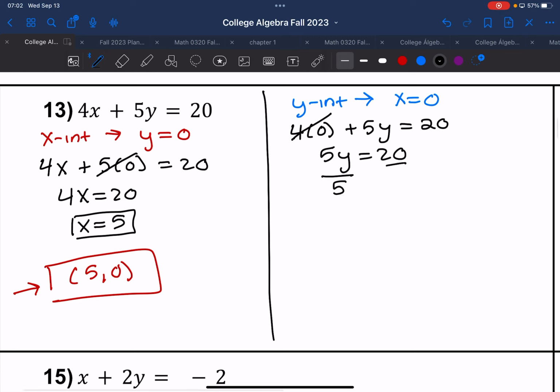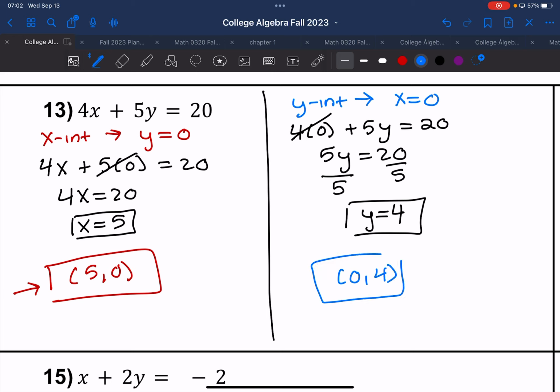Divide both sides by 5, and I get y equals 4. How would I write that as a point? (0, 4). Okay, so that's finding the x and y intercept.